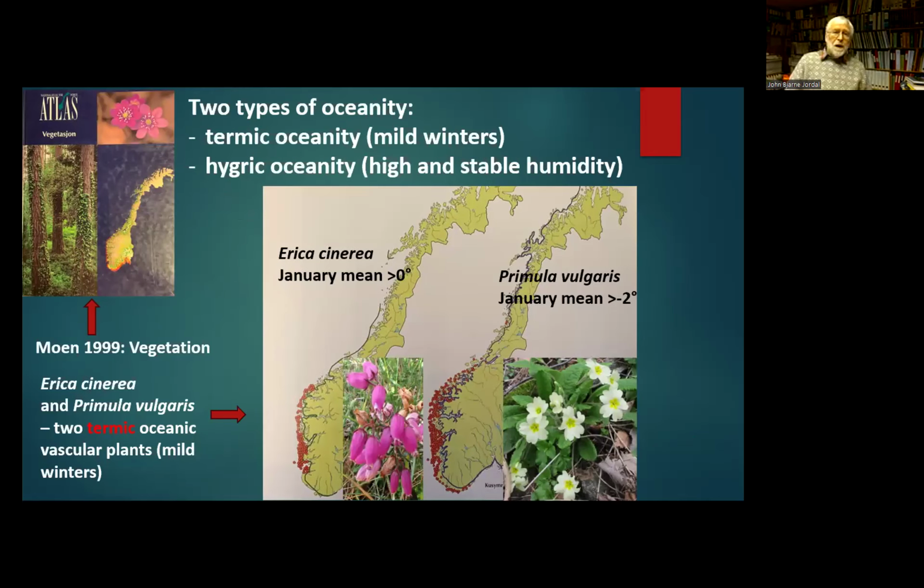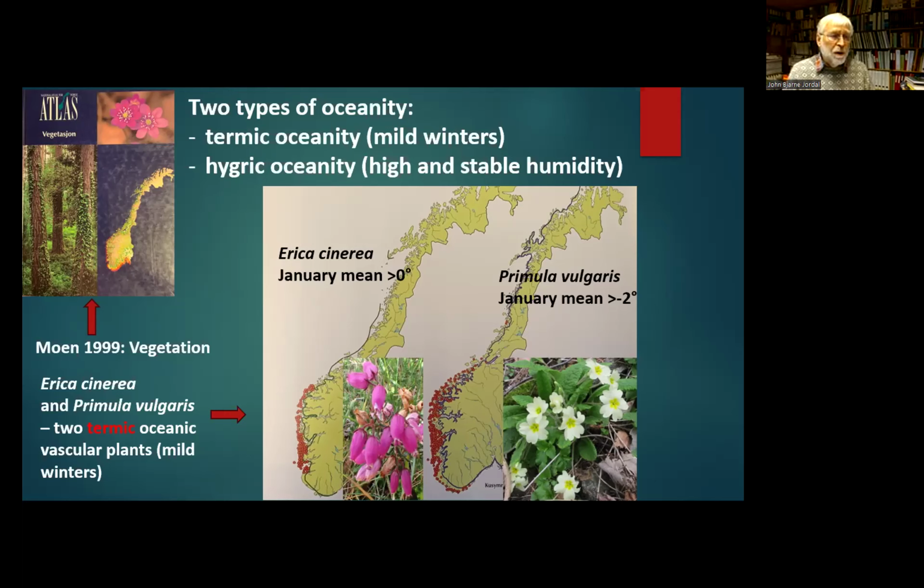First, we have two types of oceanity. Thermic oceanity, which has to do with mild winters, and hygric oceanity, which has to do with high and stable humidity. We know many plants along the western coast of Norway which respond to winter temperatures. They are thermic oceanic.